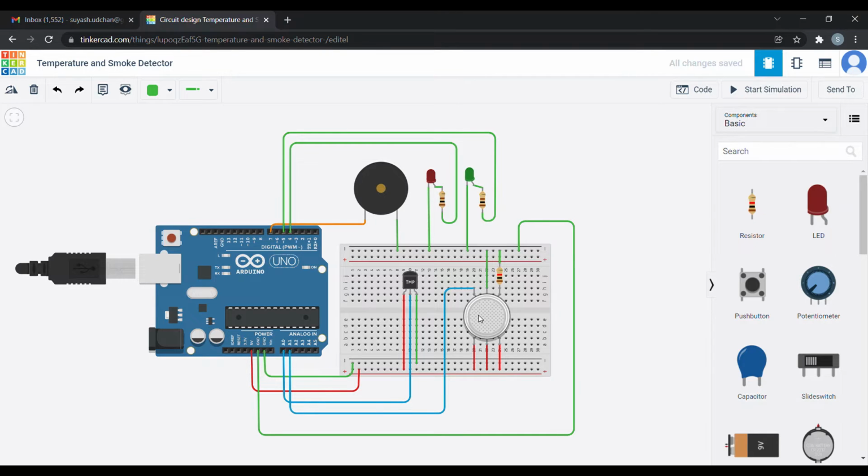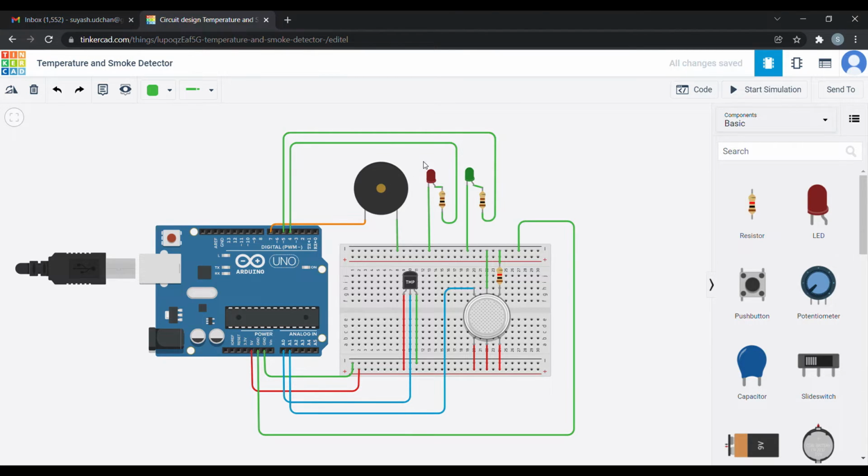Same with the gas sensor: the terminal through which we are going to take input from the gas sensor, we have connected to analog pin A1, and of the other three terminals, one is to VCC, one to ground, and one to ground with a resistor to avoid excess current to the gas sensor, to avoid any damage to it. Here is the buzzer, of which one terminal is connected to pin number 7 and the other to ground.